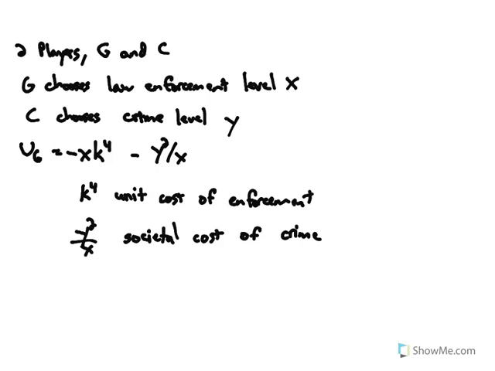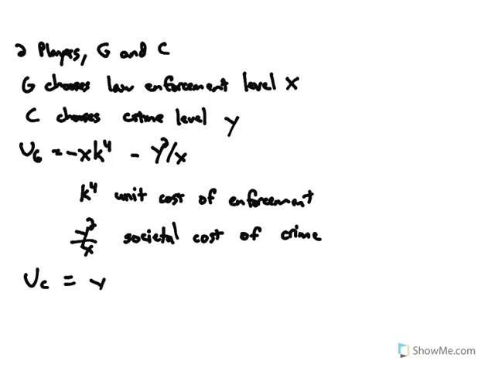So the more crime there is, it impacts society negatively at an increasing rate, right? But it's mitigated by enforcement effort. So for a given value of y, the more x there is, the lower the negative societal impact of crime. Having officers in the street maybe eliminates the collateral damage of some crime. Okay? So this is the utility function of government.